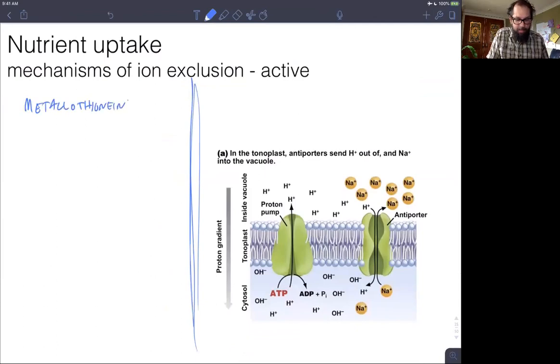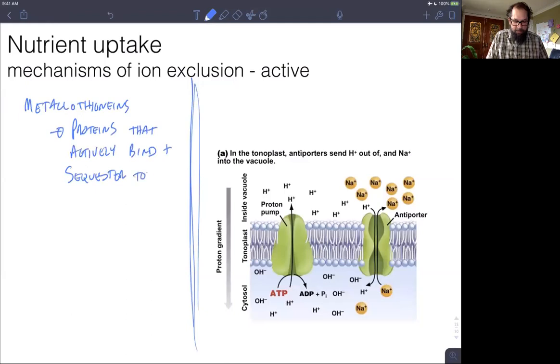And what metallothioneins are is these are actually proteins that are made by the plant cells that actively bind and sequester toxic heavy metals.